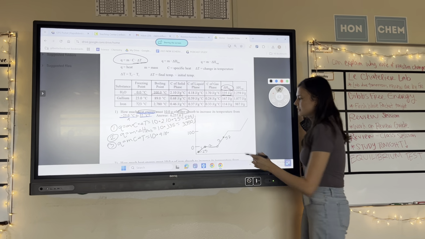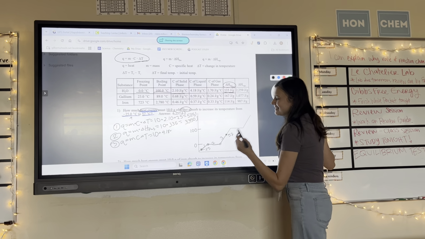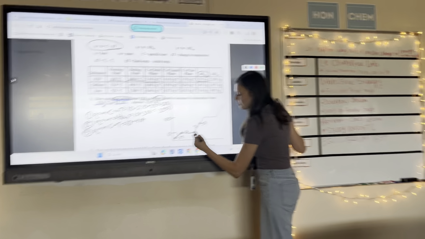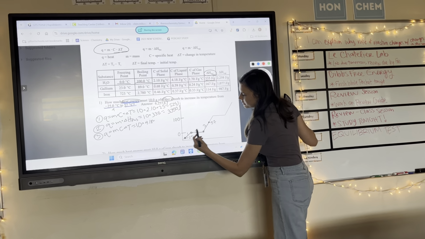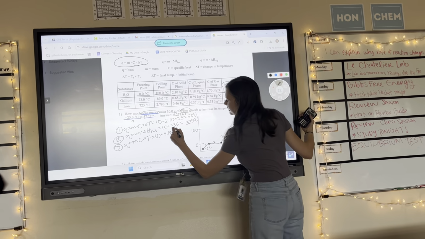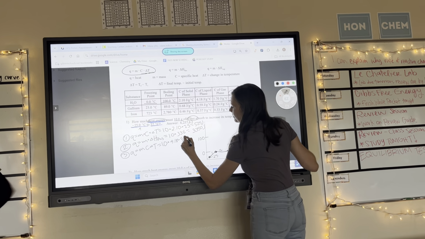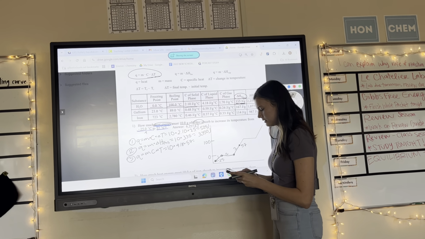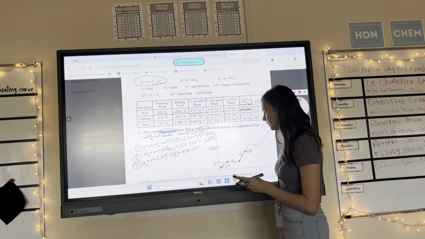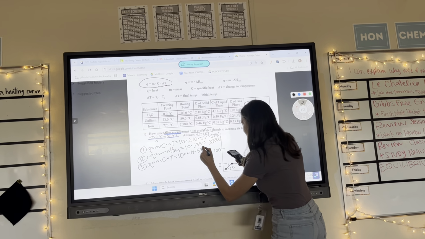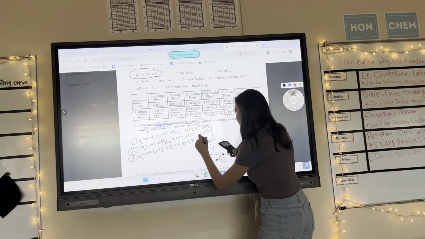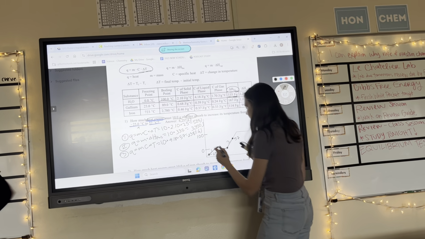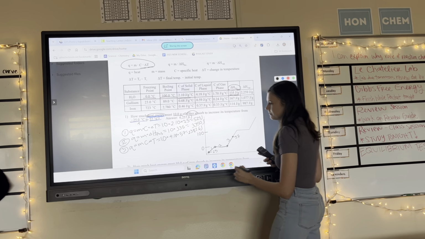The last step for this calculation is I need to figure out what my delta T is, how many miles I drove from this dot to this dot. So because we started at 0 and ended at 57, our delta T is 57. I'm going to plug this in the calculator, 10 times 4.18 times 57, and I get 2,382.6 joules to heat up from here to here.